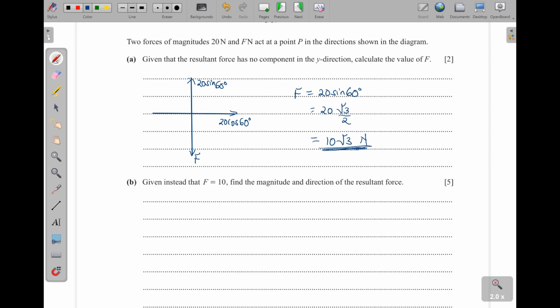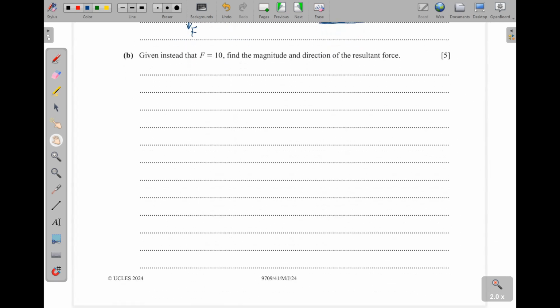So we shall have our simple diagram here. The resultant in y will be acting upwards, and then the resultant in x, of course, is this side only, because we don't have any other opposing force.